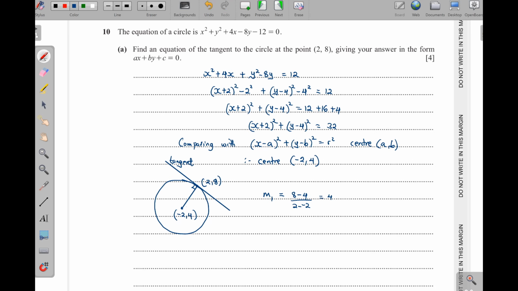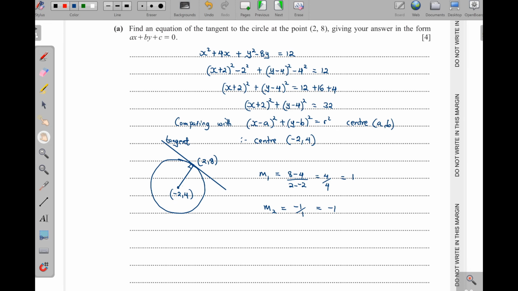So we shall have 4 over 4, which is actually 1. And then for perpendicular lines, we know that m1 times m2 is equal to -1. So the gradient of the tangent is going to be -1 divided by the gradient we have gotten here, which is 1. So altogether that is -1.